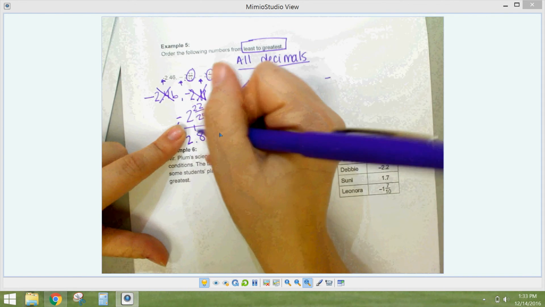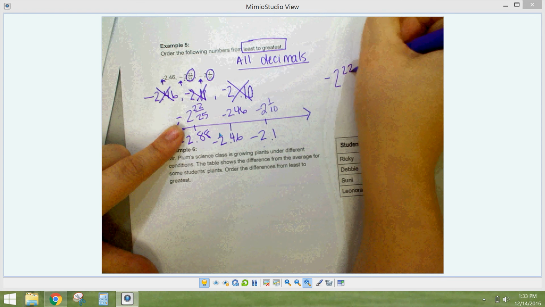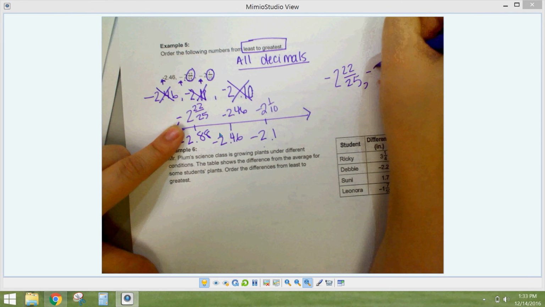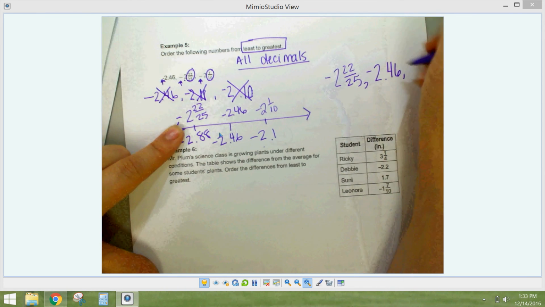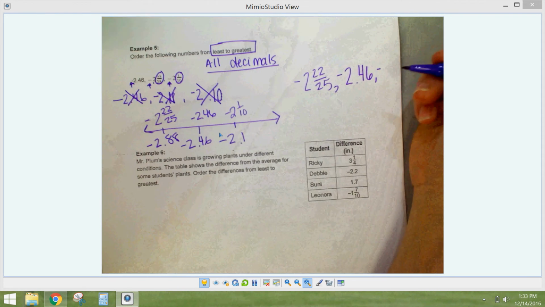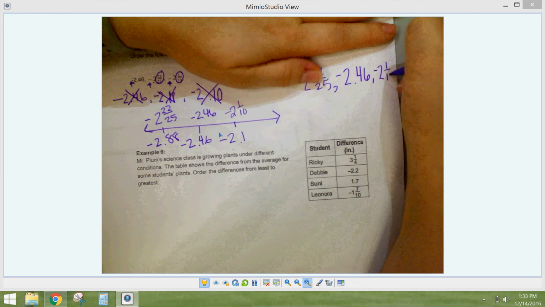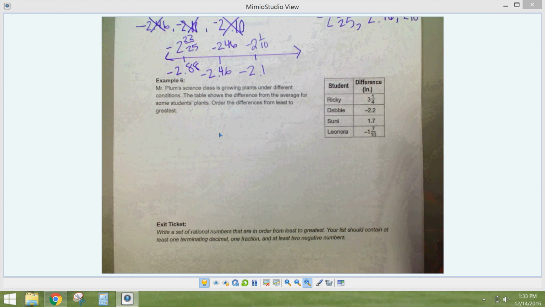It's already written out for me because I did it right above. So I have negative 2 and 22/25ths. I have negative 2 and 46 hundredths. And then I have negative 2 and 1/10. Okay? Those are all in order from least to greatest.